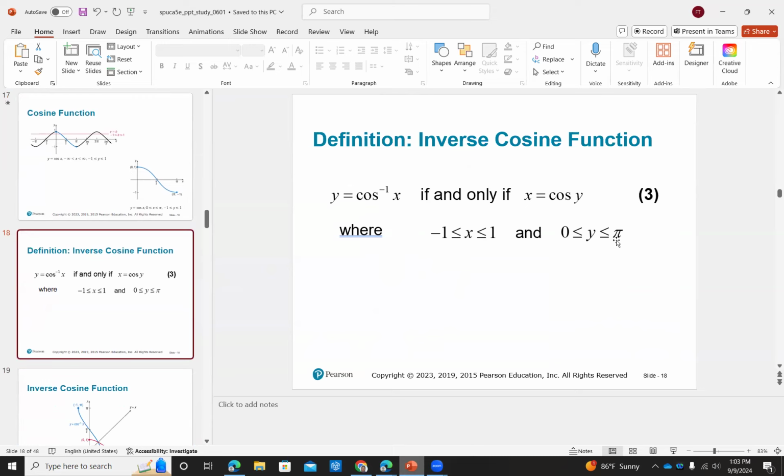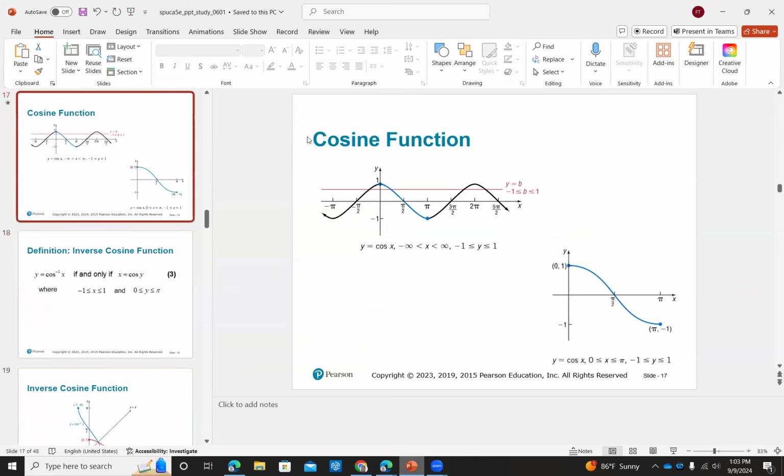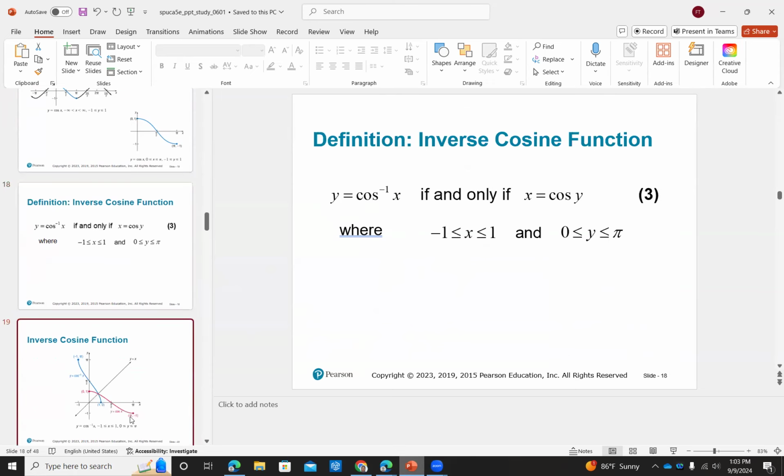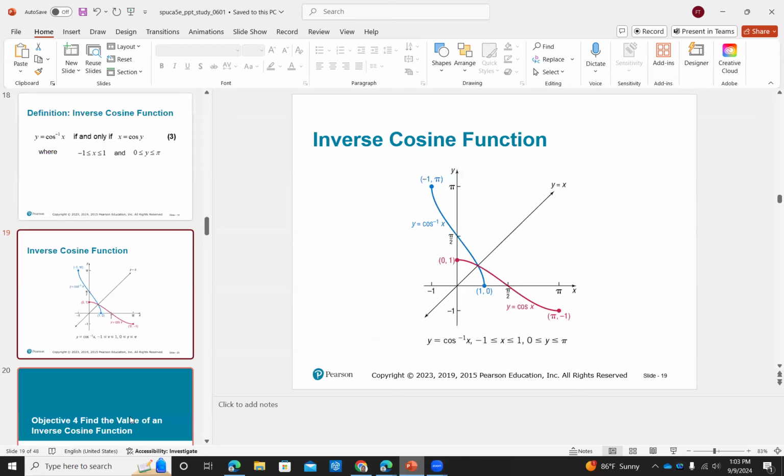Again, the function and its inverse, all they do is they exchange their x and y values. The x on the first one becomes the y on the other one, on the inverse. So I'm going to explain this sentence one more time on the graph.